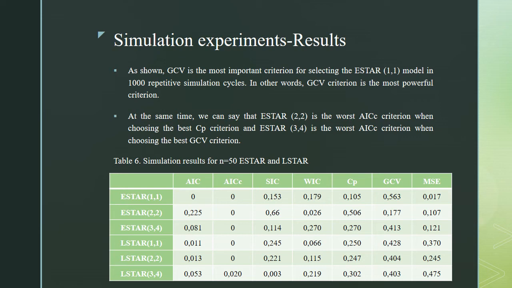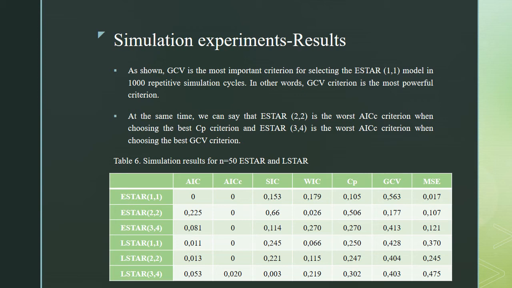As shown, generalized cross-validation is the most important criterion for selecting the A*11 model in 1,000 repetitive simulation cycles. In other words, the generalized cross-validation criterion is the most powerful criterion.